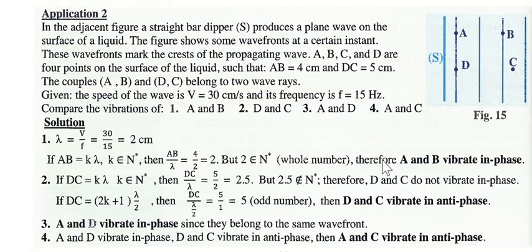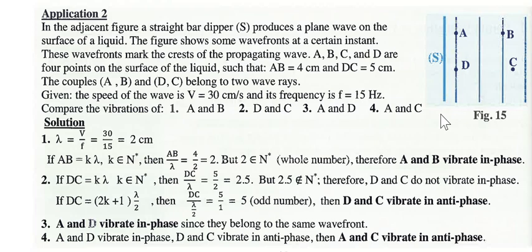Someone is asking, what about A and D, teacher? A and D are on the same wave front, and what did we say about the points on the wave front? They all vibrate to the highest position, the maximum position. So A and D vibrate together; both of them reached the highest position at the same instant, simultaneously. Therefore A and D, since they are on the same wave front, vibrate in phase.